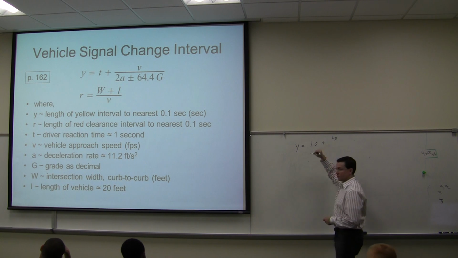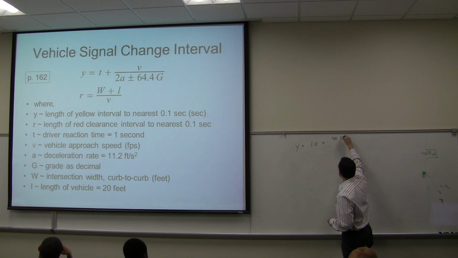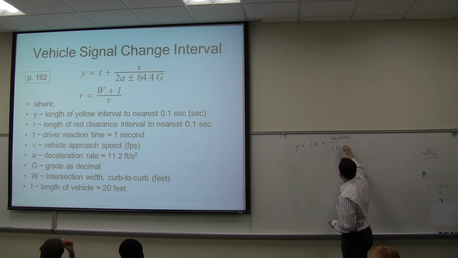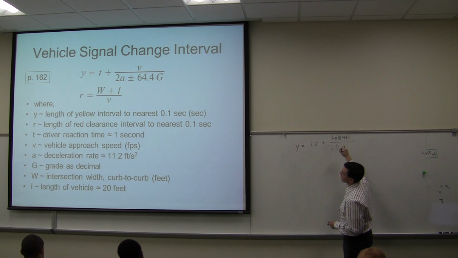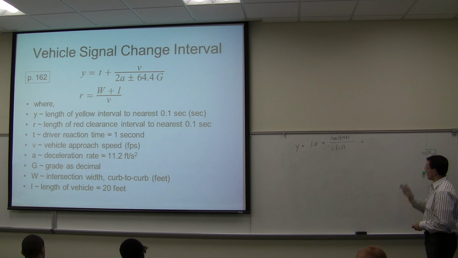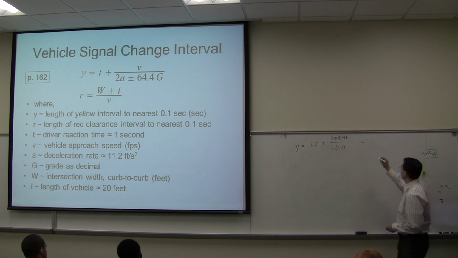So how do we convert that to feet per second? We need to multiply this times 1.47, divided by 2 times 11.2. And do we have a grade? We don't have a grade. That's 3.6.